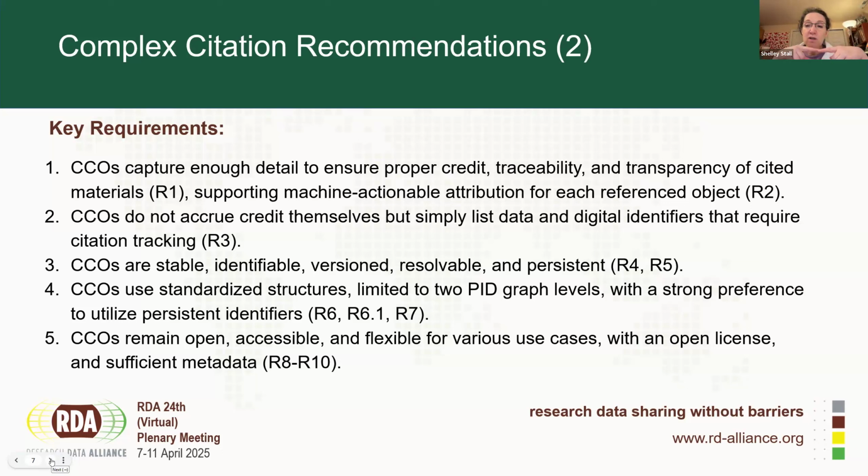We don't want a recursive situation where you cite something that you then have to also parse. So in shorthand, don't cite another complex citation object in your complex citation object. Instead, just include those children in your object so that there are two levels only. There's more to it, but that's the gist.